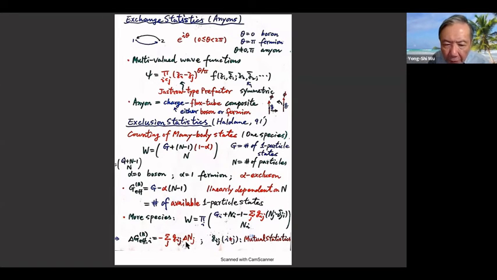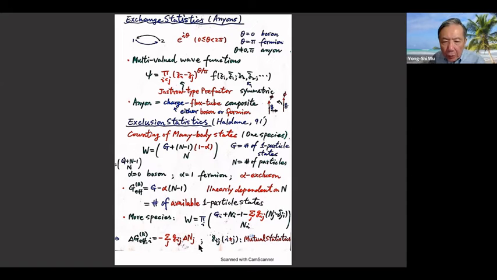Namely, the presence of some particles actually will make a decrease in the available single particle states for particles later getting into the system.